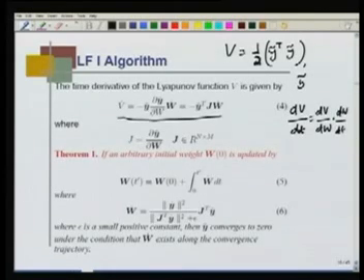So, in this J, y is a vector, W is another vector. So, obviously, this one is a matrix, which is this.